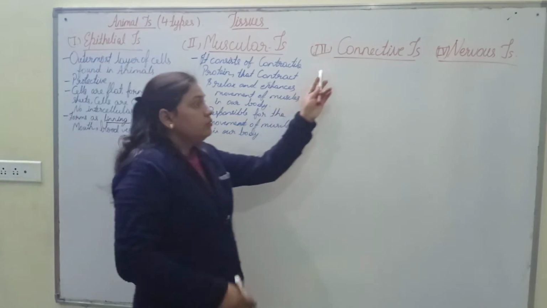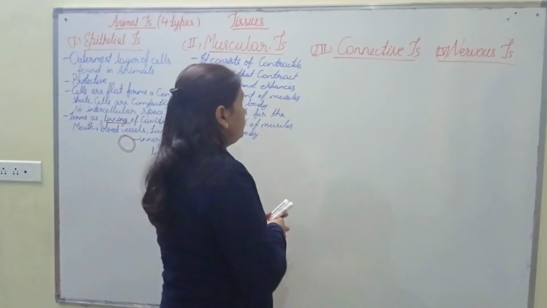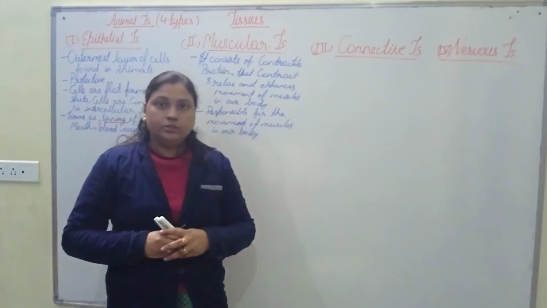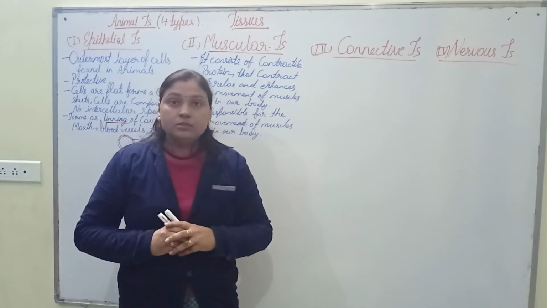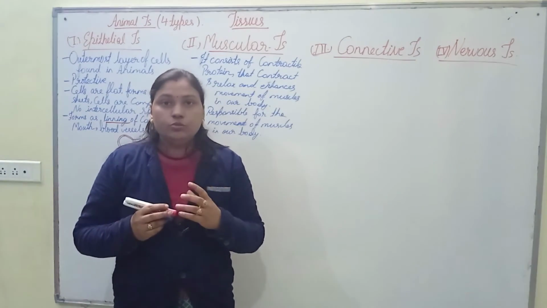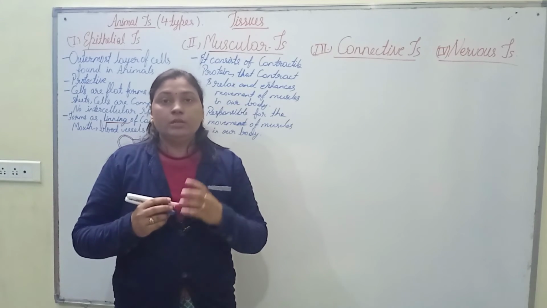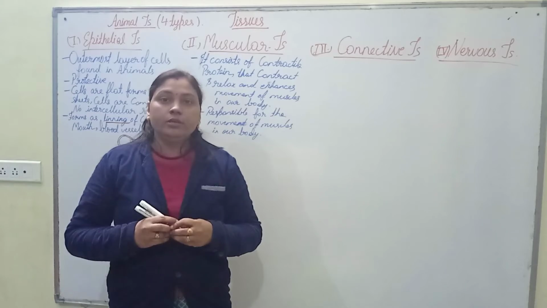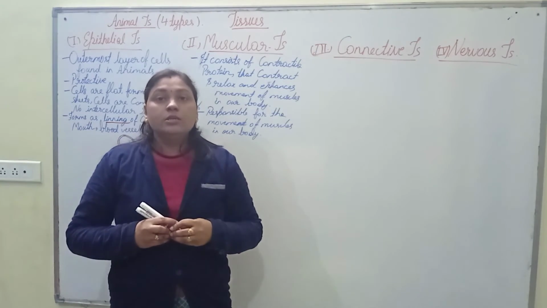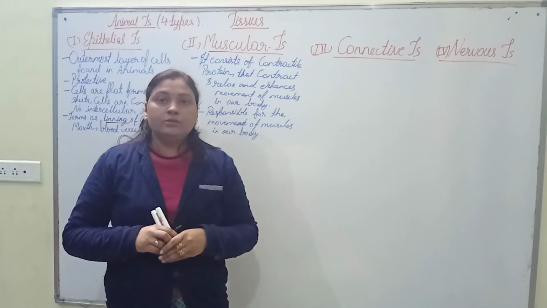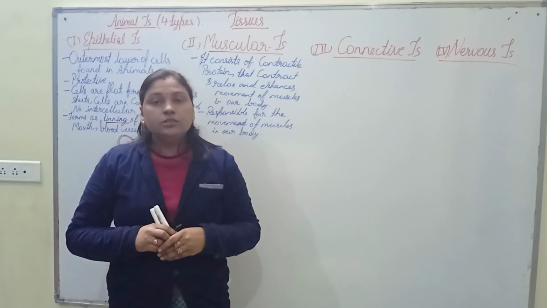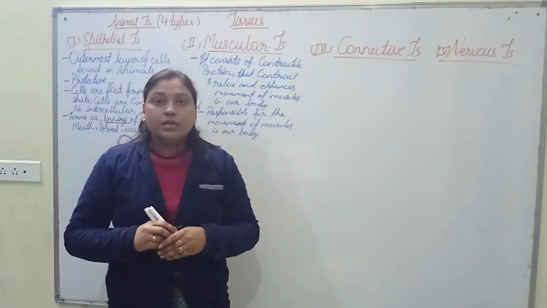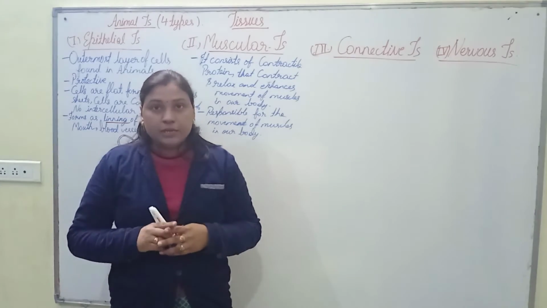Now, the connective tissue. Connective tissue, as the name suggests, is connective. Connective means that it is the tissue that connects, holds or anchors different types of tissues or different types of organs together. So these are also known as cementing materials. And these connective tissues are made of cells or fibers plus matrix.